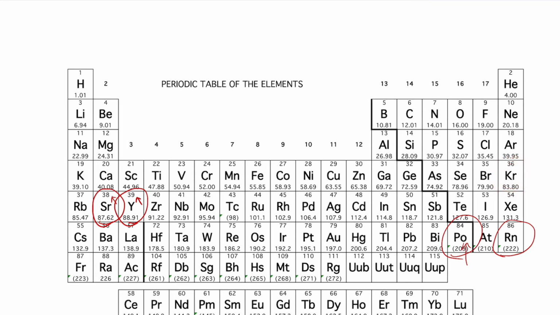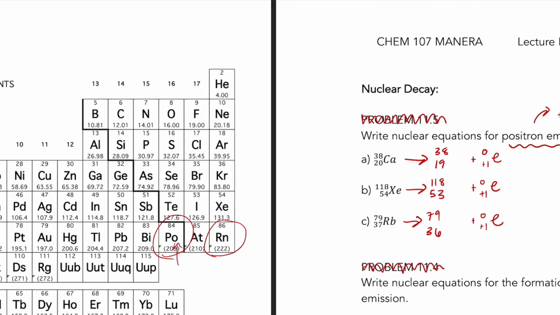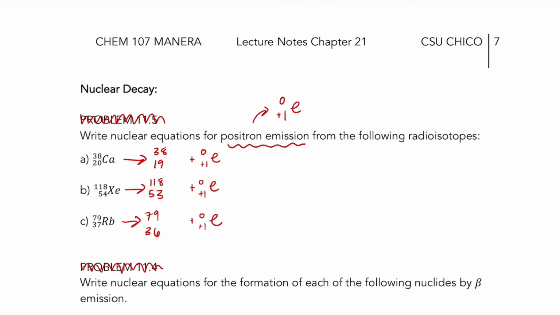And 36 is krypton. So it's going to be potassium for the first one, iodine for the second one, and krypton for the third one.